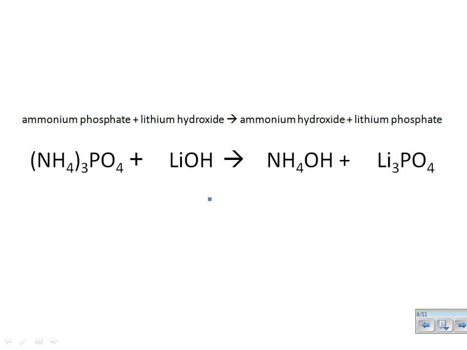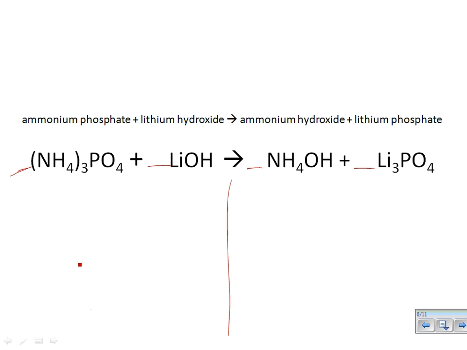We do that in the same manner that we have in the last few videos. We are going to separate products from reactants. We're going to remind ourselves that we can only change the coefficients, not the subscripts. And we will write out what we have on both sides.